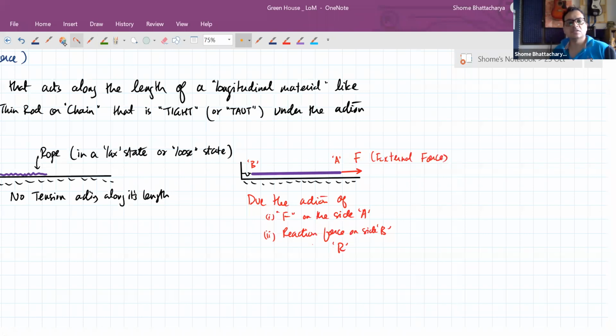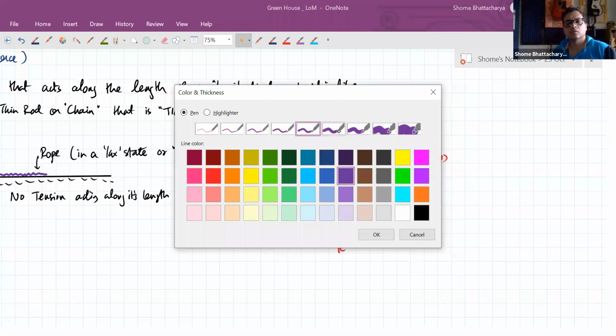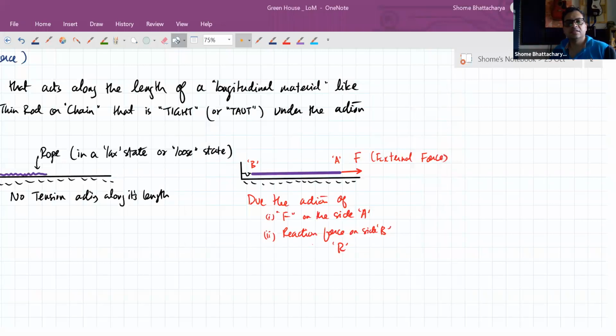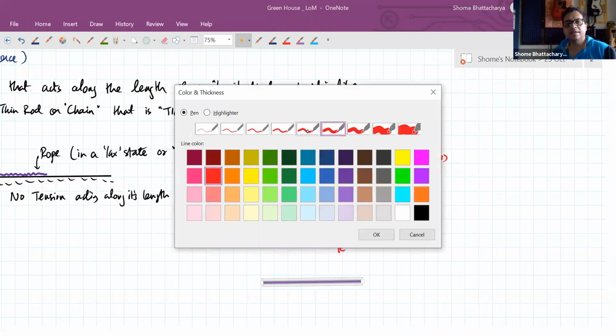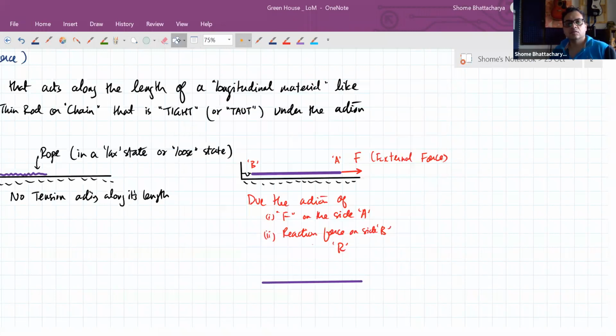what happens is internally within the rope there is now a tensile force that develops. Due to the action of the combination of these two forces externally, one is the force that is applied by some external agent on the right hand side edge or this end of the rope, the end A of the rope, I am applying the force F, but this tends to pull the rope, so of course at the end B there is a reaction force that develops which balances this.